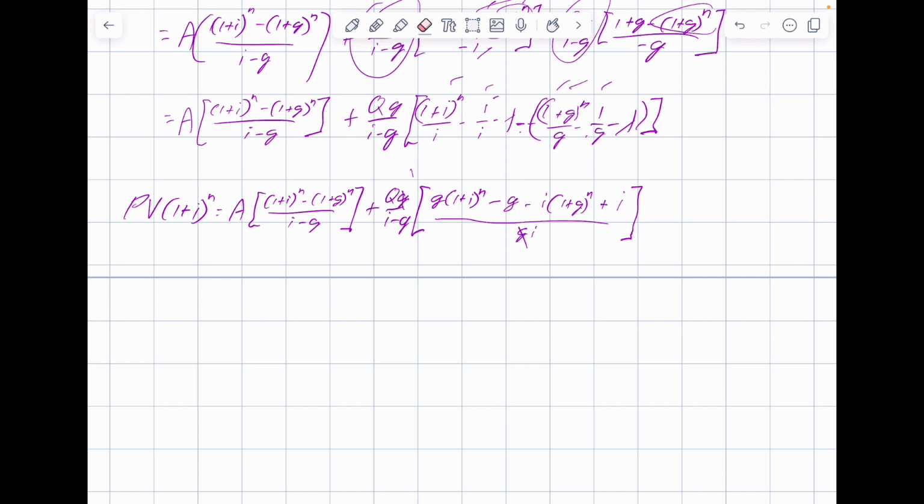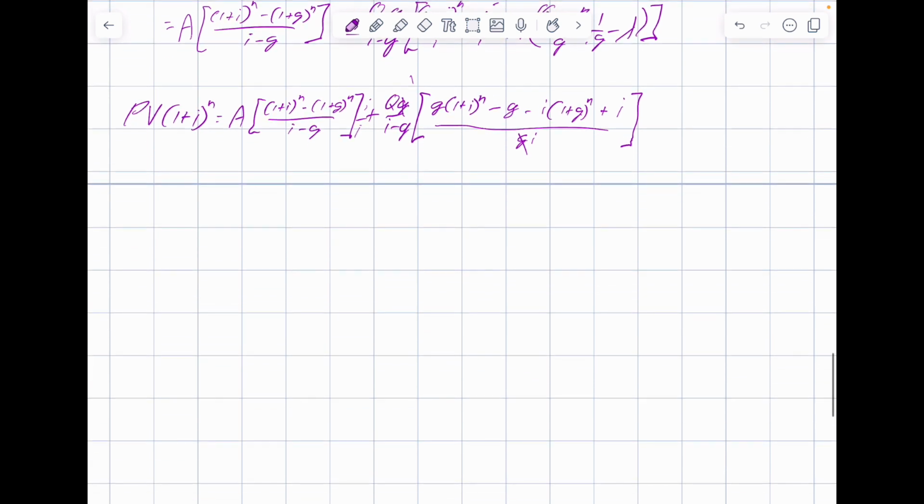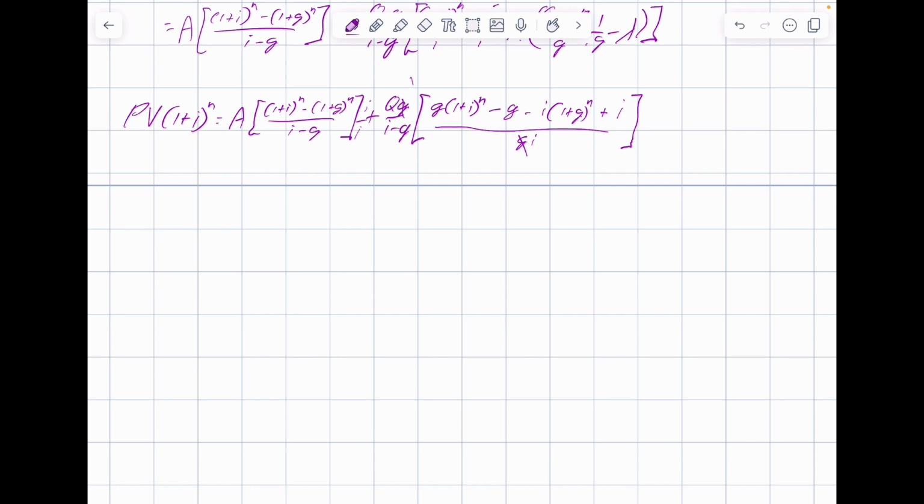Next, we'll solve for A by isolating the A term and multiplying. We'll multiply the first term by I over I, so we're left with a common denominator. So let's isolate this A term here and multiply it through by I minus g.